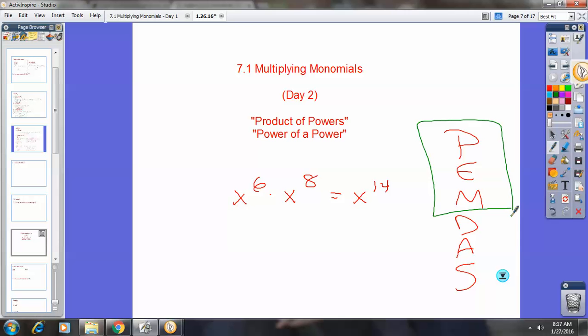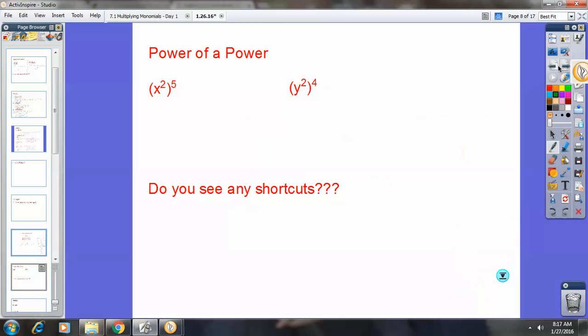Now, before I teach you this new rule, let's kind of explore what we're looking at here. Here's an example of what we're looking at. The first problem is x squared raised to the 5th power. That 5th power means we have how many x squareds? 5.